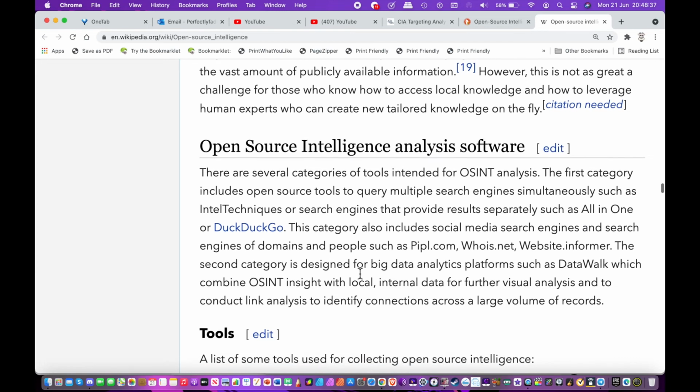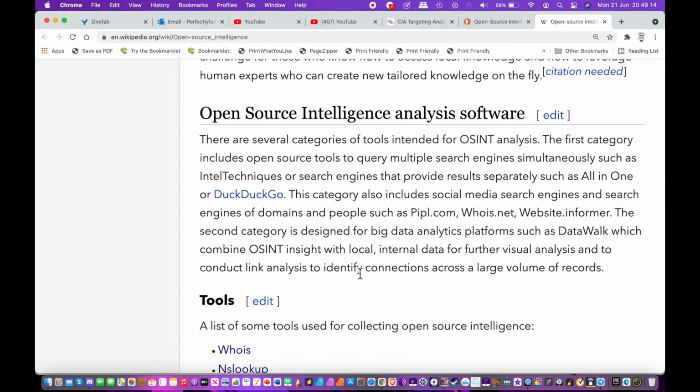Alright. Open source intelligence analysis software. There are several categories of tools intended for OSINT analysis. The first category includes open source tools to query multiple search engines simultaneously, such as Intel Techniques, or search engines that provide results separately, such as All-in-One or DuckDuckGo.